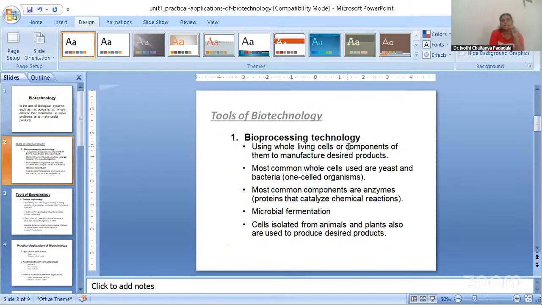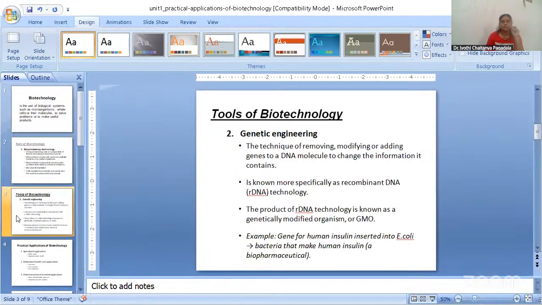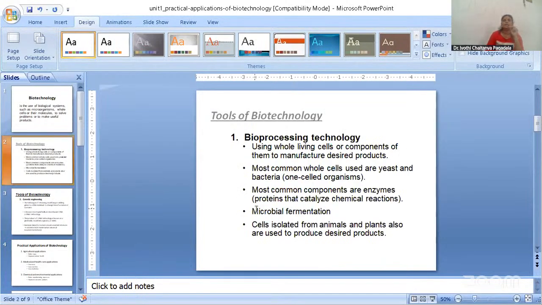So, genetically modified crops, GMO. Before going to the GMO, here are the tools of biotechnology. Here we have bioprocessing technology, and our next topic is microbial biotechnology.